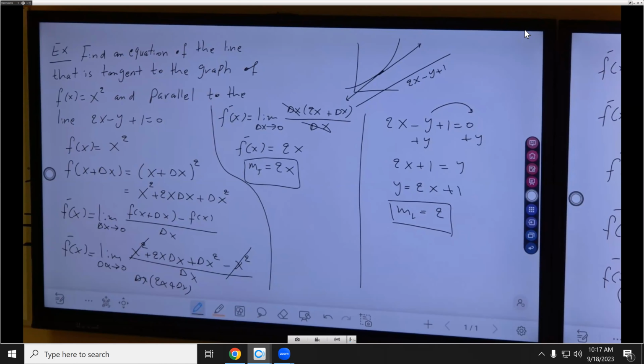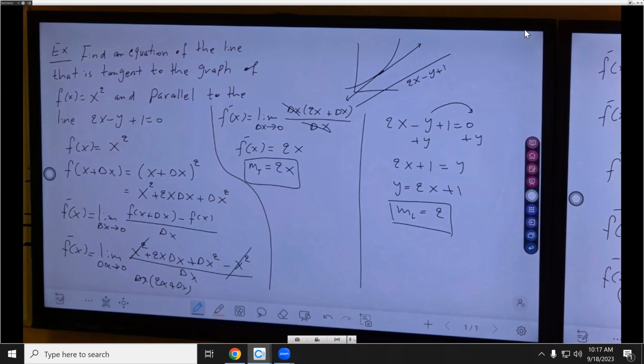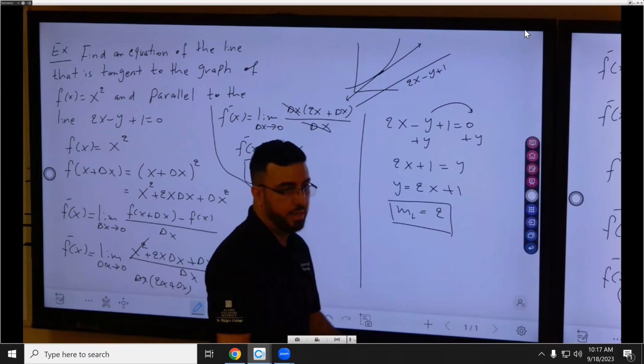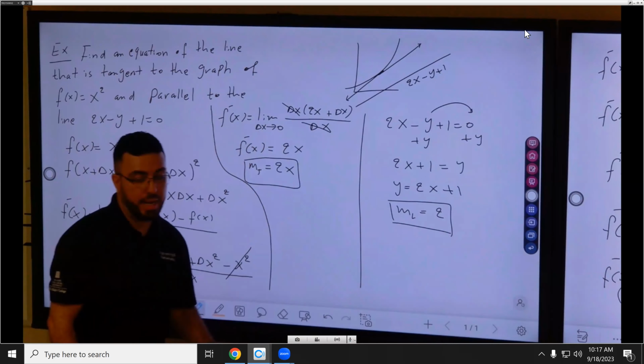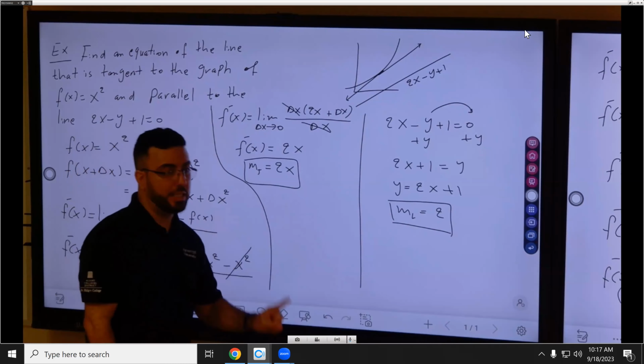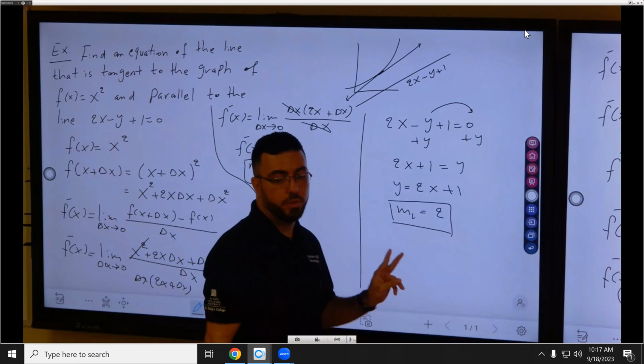When you have two parallel lines, the slope for the first line is going to be equal to the slope for the second line.